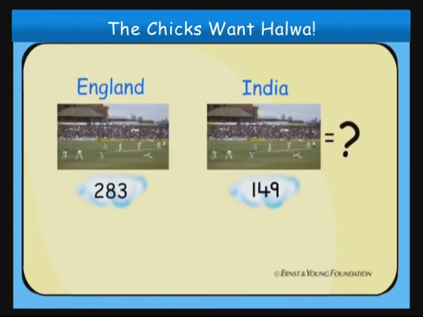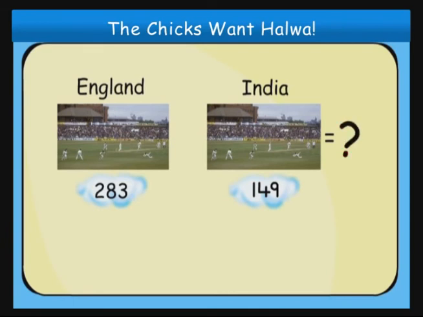In a cricket match between England and India, England scored 283 runs in 50 overs. India has already scored 149 runs.